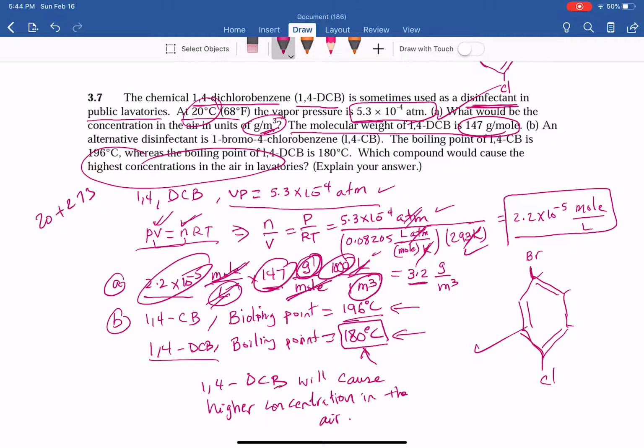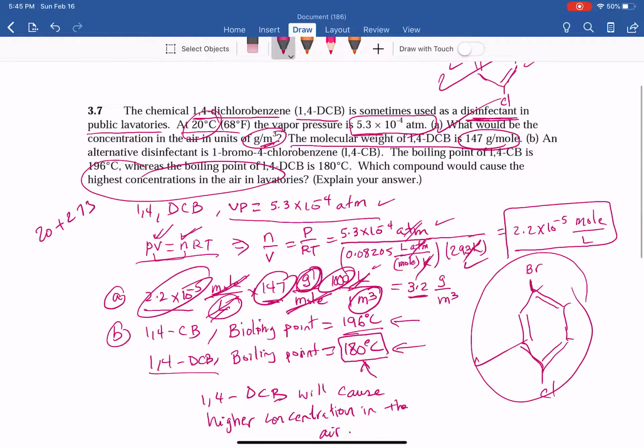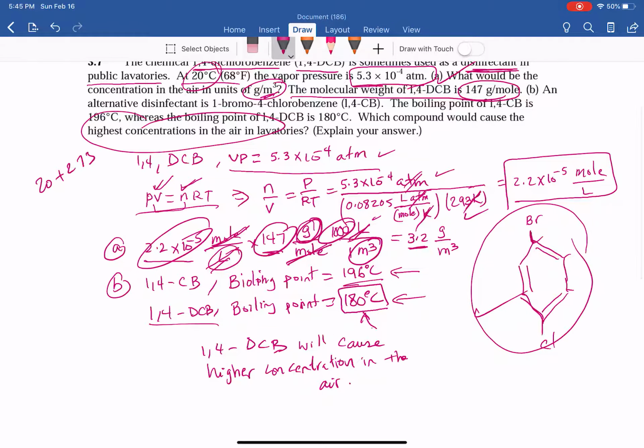Okay, so 1,4-DCB, not 1,4-CP, not this one, this one. The 1,4-dichlorobenzene, because the boiling point is very small, and because the boiling point is very small, it will have higher vapor pressure than the 1,4-CP, so therefore it will be found at higher concentration in the air and, of course, public laboratories.